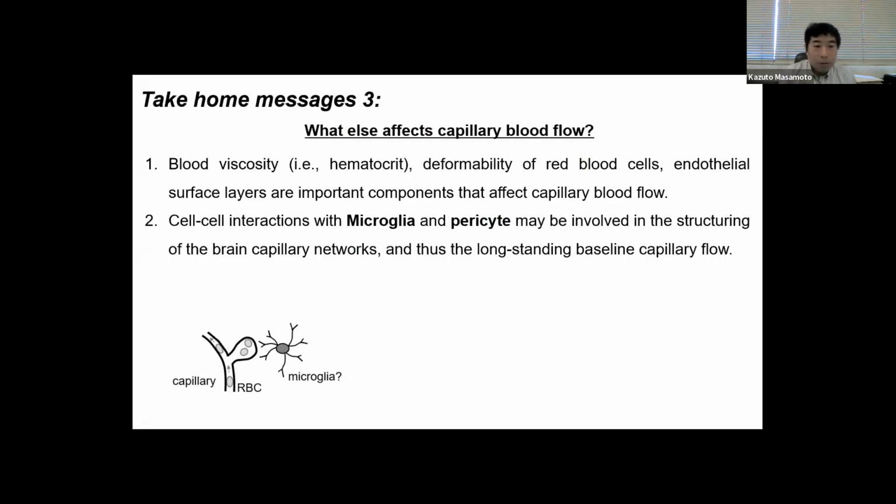So the final part: what else affects capillary blood flow is the blood viscosity, and the deformability of the red blood cell and the cell surface layer are important components.